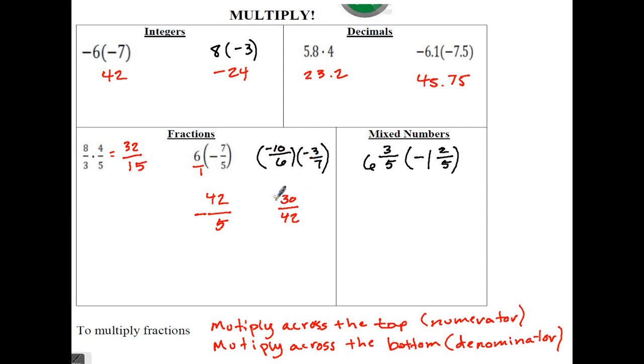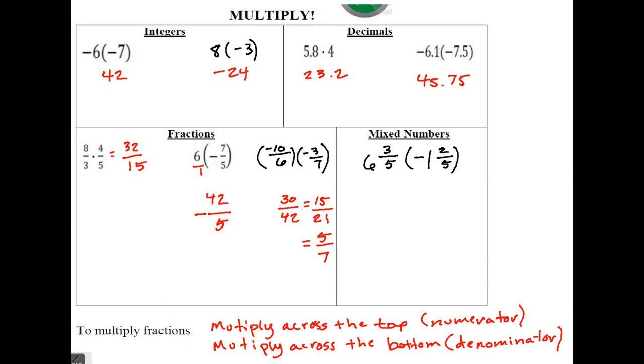Now, we can reduce this by dividing both sides by 2. I get 15 over 21. But 15 and 21 can be reduced even further because they're both divisible by 3, so this becomes 5 over 7.